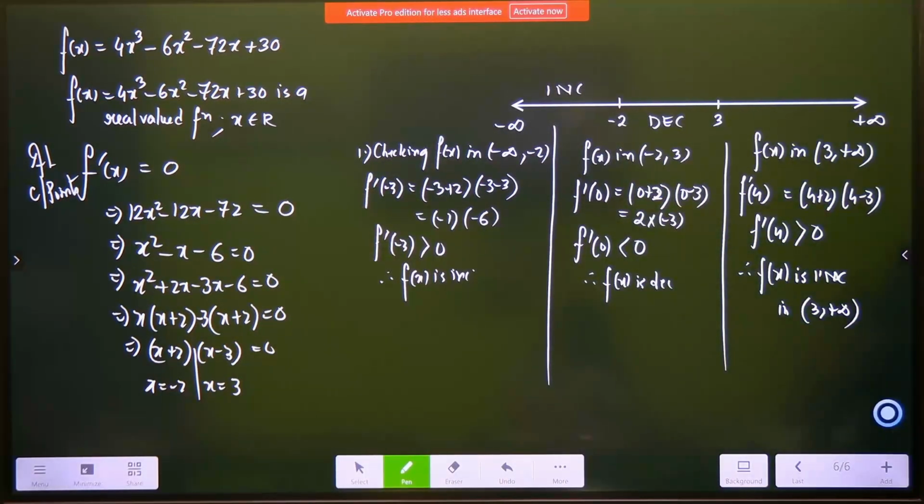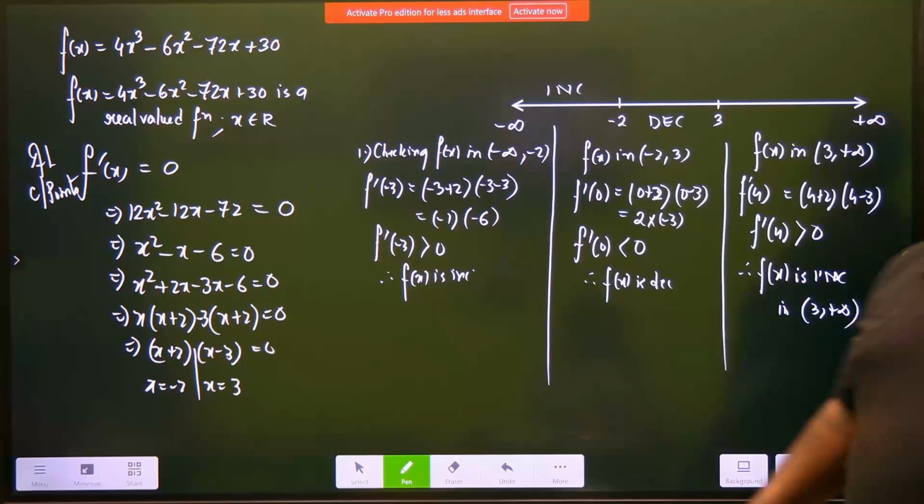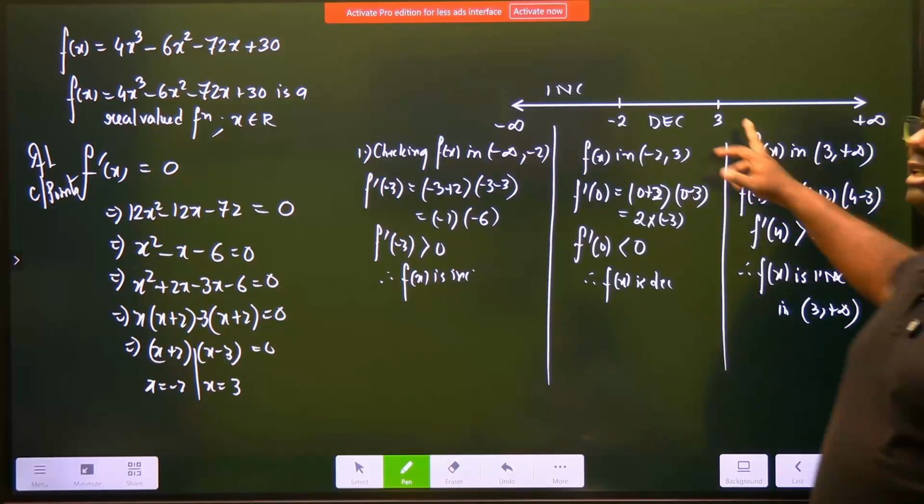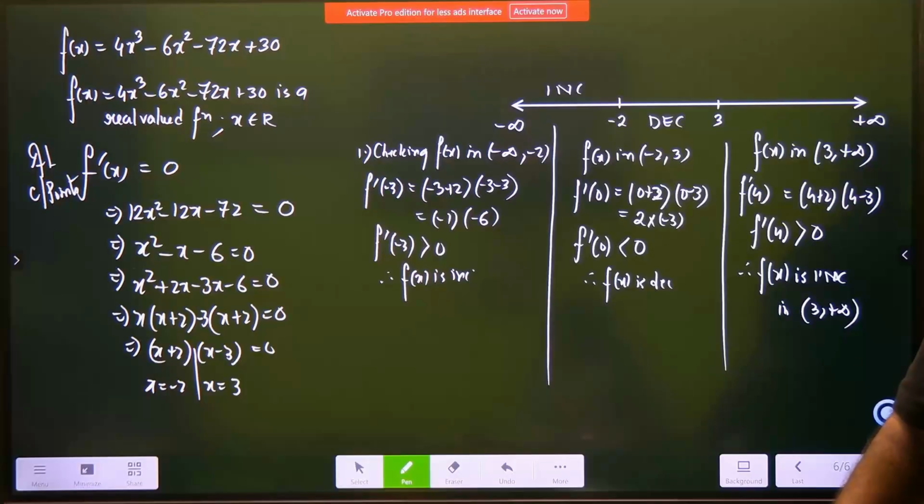Look at that trend. So those points are what? We have a minus 2 as a point. At minus 2, if you look at the graph, it has gone up to a peak. Then at 3, the function has taken a dip.